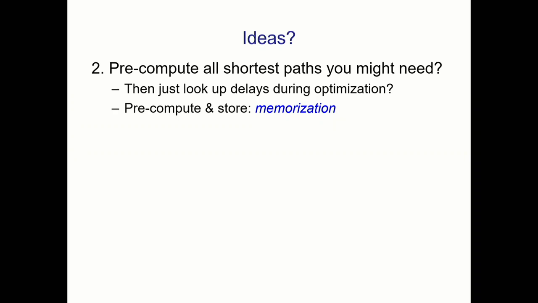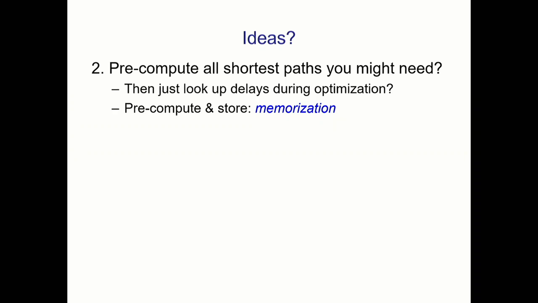We're given 200 intersections, and in our algorithm, we might visit all of these intersections in any random order, right? So we might need to find the travel path from any intersection to any other intersection. And that's around n squared calls, right? So let's try to pre-compute these first.